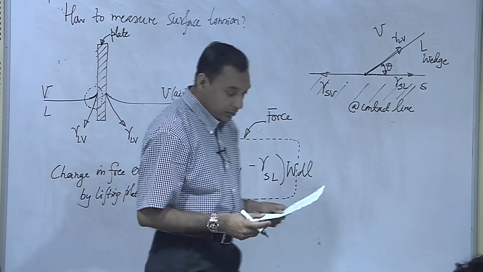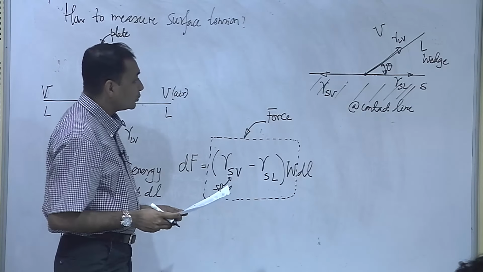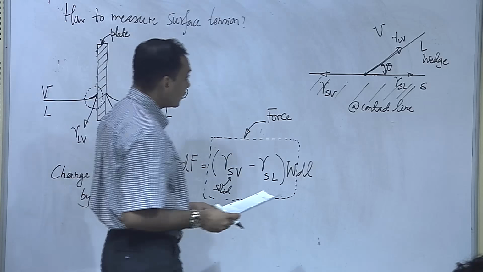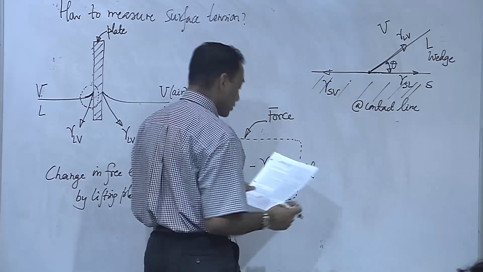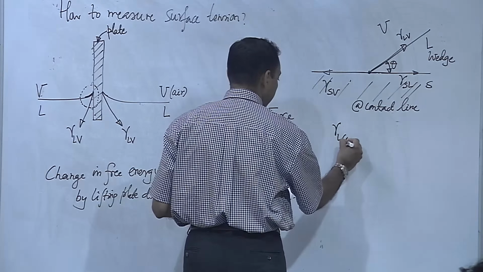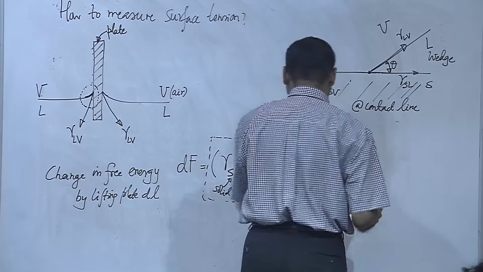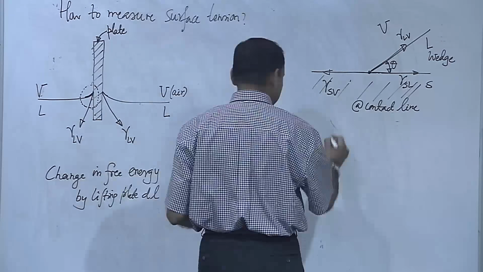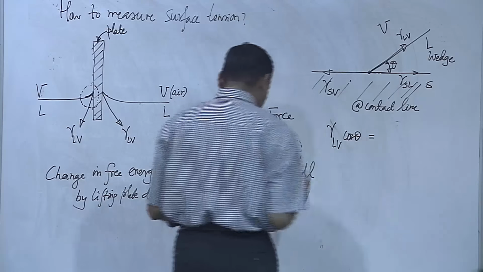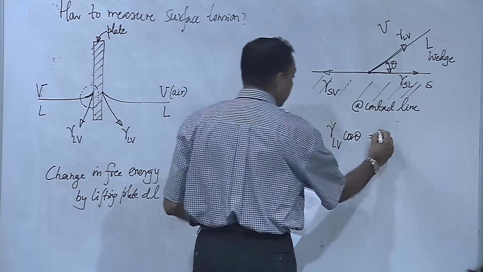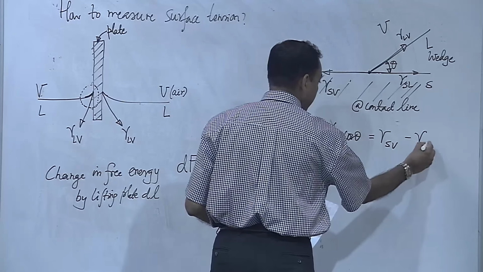So you have the solid, liquid, and the vapor. If I do a balance of this, gamma LV cosine theta has to match with gamma SV minus gamma SL.